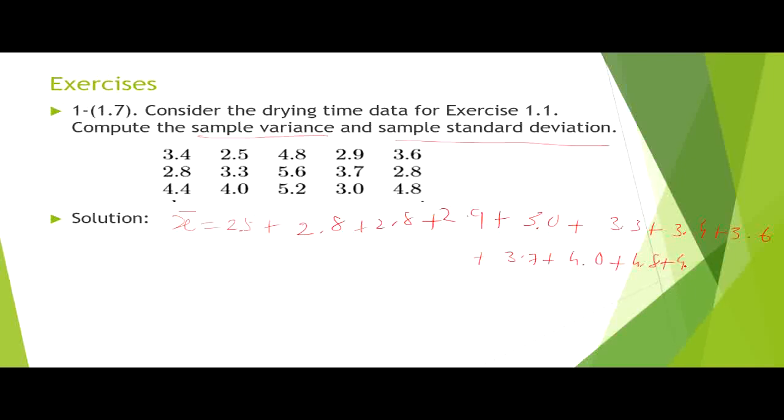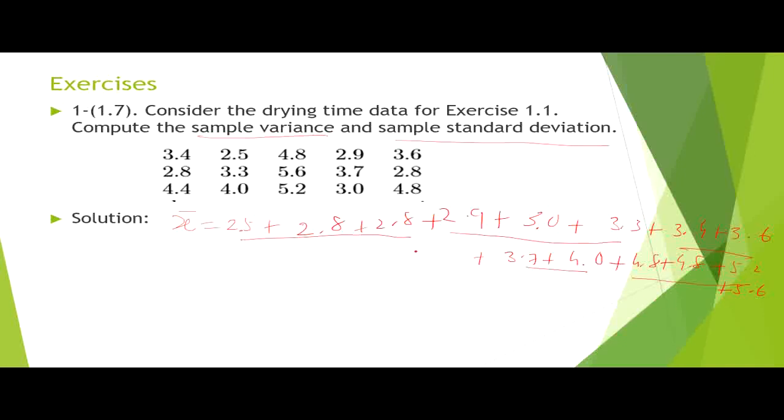I'm writing in actually ascending order. 5.2 plus 5.6. Can you check all the 15 elements are there? 2.5, 2.8, 2.8, 2.9, 3.0, 3.3, 3.4, 3.6, 3.7, 4.0, 4.4. 4.4 is missing. So let me write this 4.4 here.